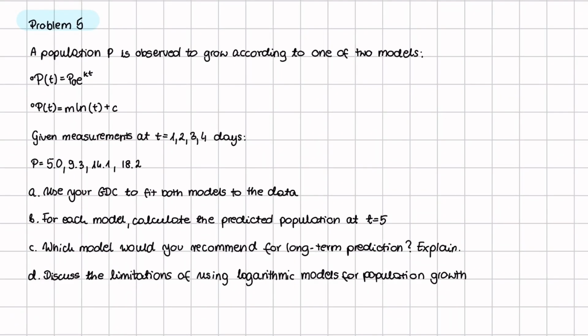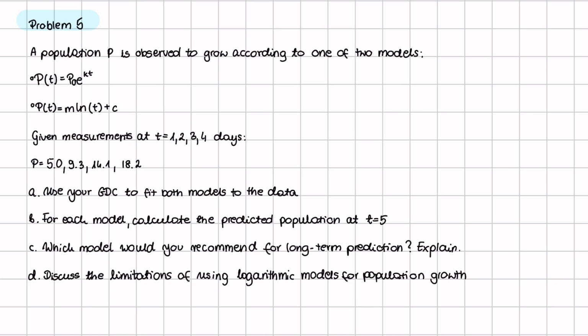Problem 5. A population P is observed to grow according to one of two models. And we are given two models, and then given measurements at t equals 1, 2, 3, 4 days. P equals 5, 9.3, 14.1, 18.2. A. Use your GDC to fit both models to the data.